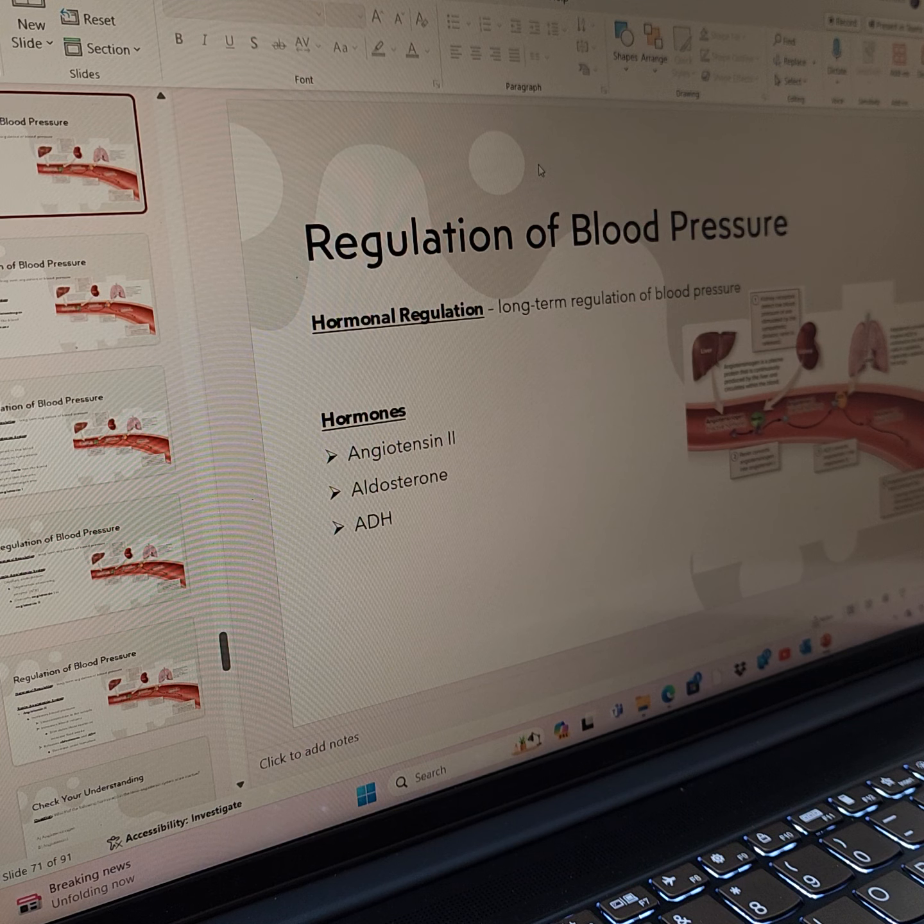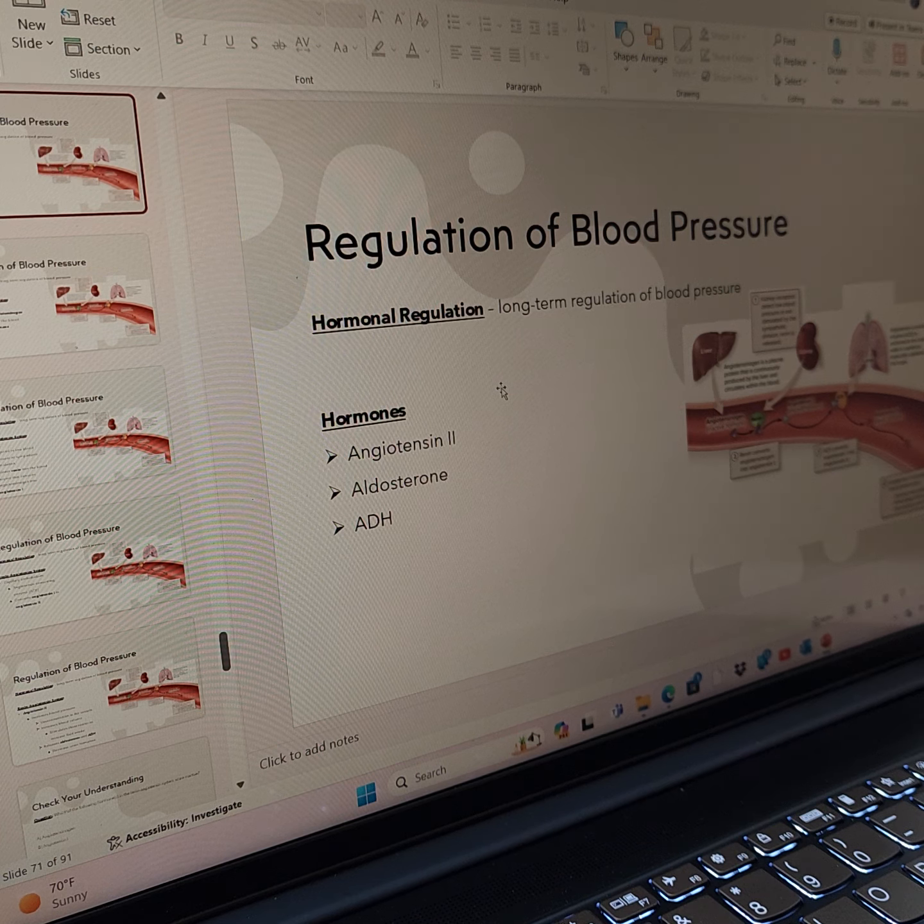Okay, now we're going to close out with the hormones, understanding the processes of the renin-angiotensin system, as well as the enzymes and the hormones involved with it. So the hormones: angiotensin 2, aldosterone, and ADH. Step 1: the kidney receptors detect low blood pressure and are stimulated by the sympathetic division. Renin is released at this point by the kidney.